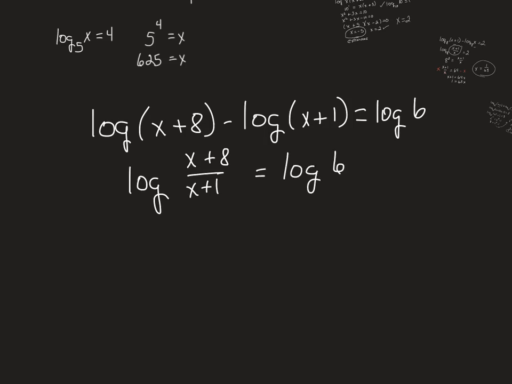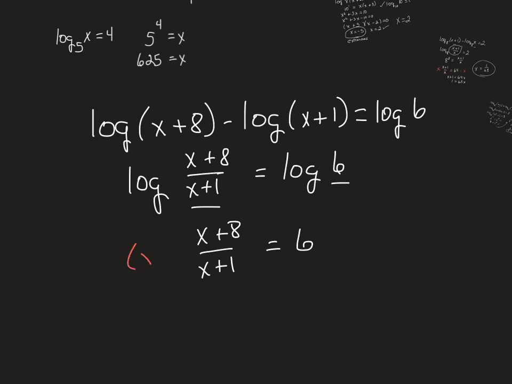If we go back to those very first problems we worked, we said if we had a log with the same base equal to each other, then this part was equal. Base 10, so both sides have log base 10, so I can set x plus 8 over x plus 1 equal to 6. Now it's just algebraically solving this equation.